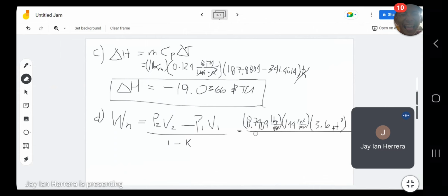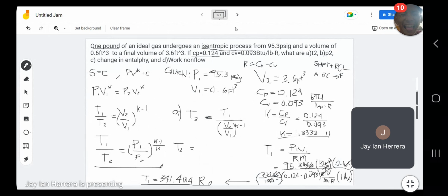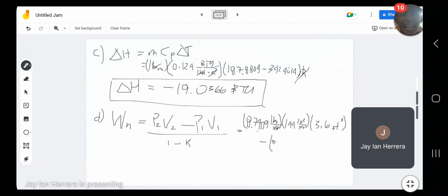Tuloy na lang natin to. Minus P1, V1. Given tayo ng pressure 1 at 95.3 inches squared multiplied by 144 inches squared per feet squared, multiplied by our volume 1, that is 0.6 cubic feet.